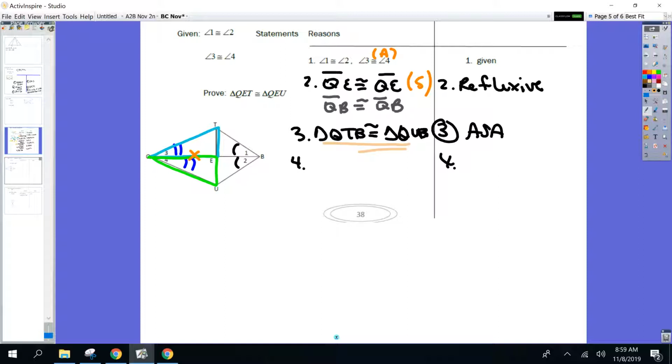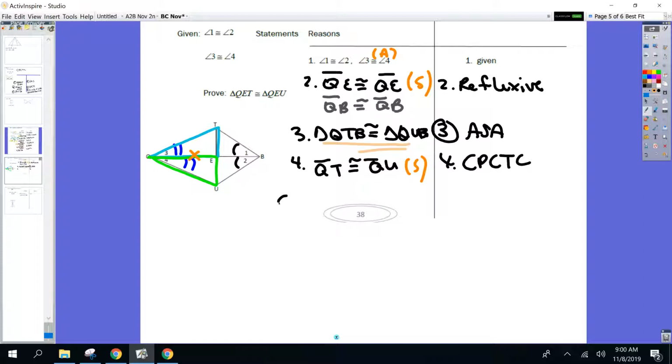Missing link, group in the corner. What do you have? What's the missing link that's going to connect it all? Side QT and side QU. Got it. That was our missing pair. QT congruent to QU, CPCTC. Now I have all three pairs.